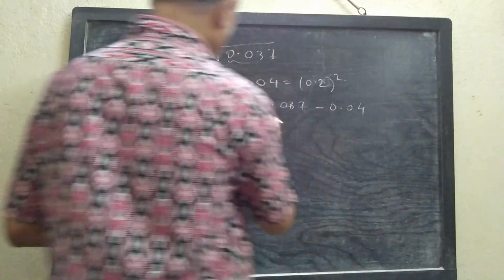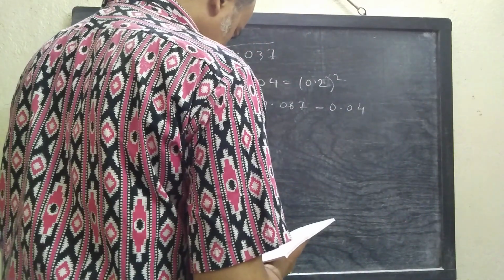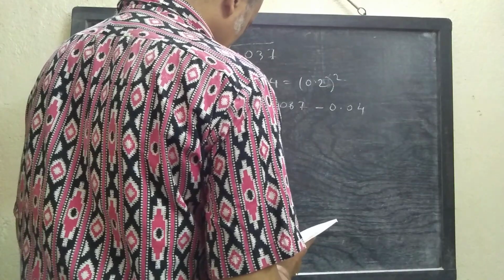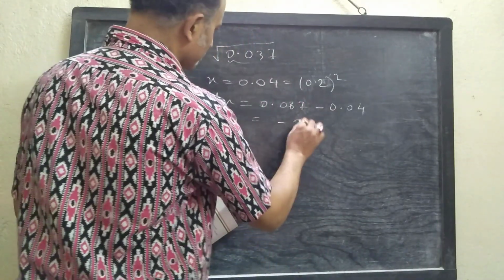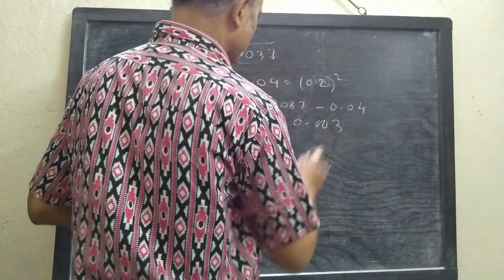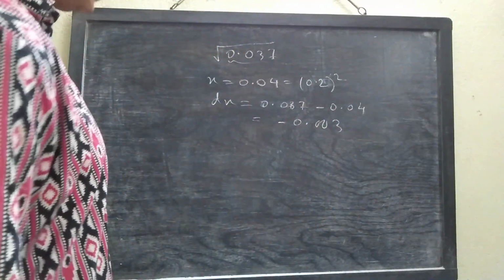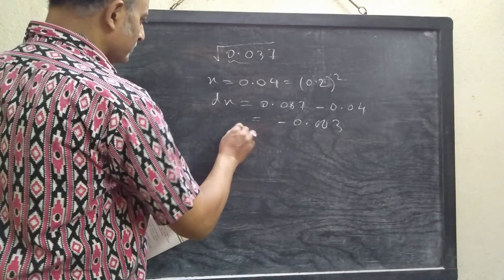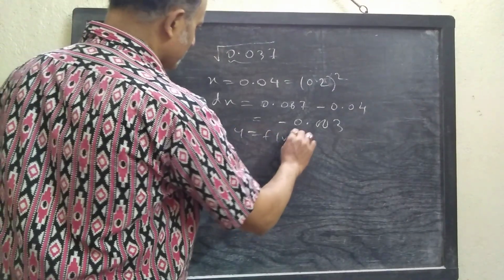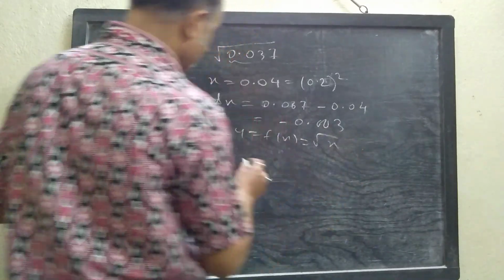So this will be actually minus 0.003. This will be your dx. So let us consider the function y equals f(x) equals root x.